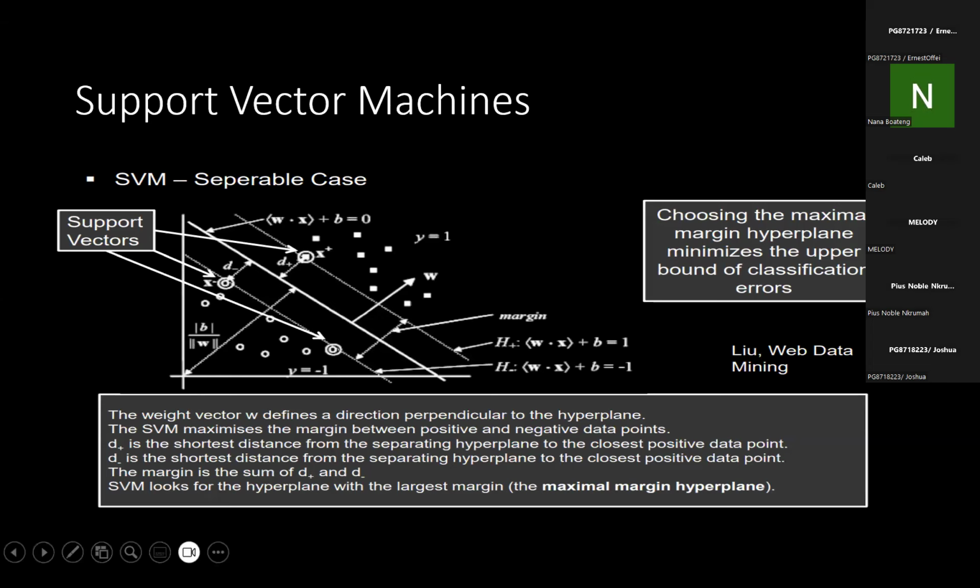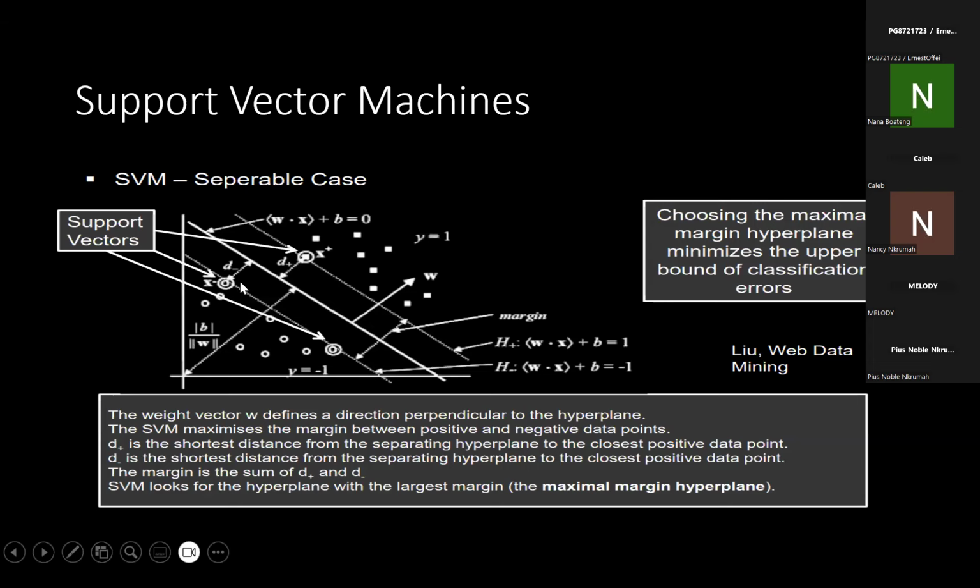So what you want to do is, as much as possible, don't create a situation whereby, can you see my cursor? Yes. Okay. So you see that this lower plane, for instance, you have a support vector here. It's on the line.